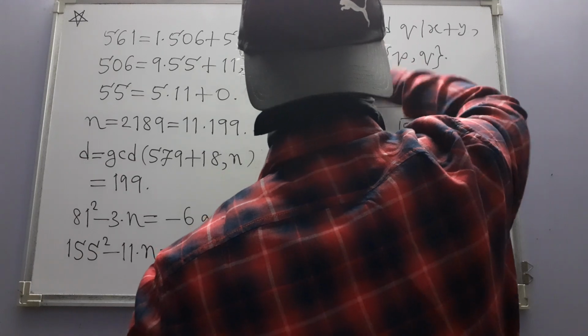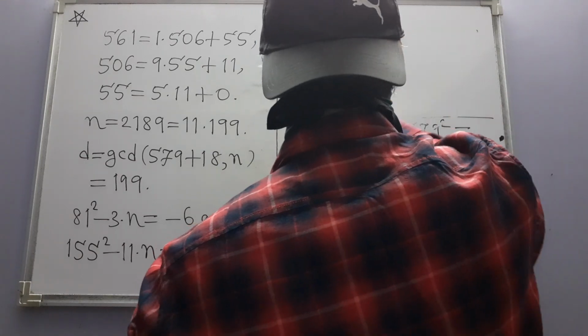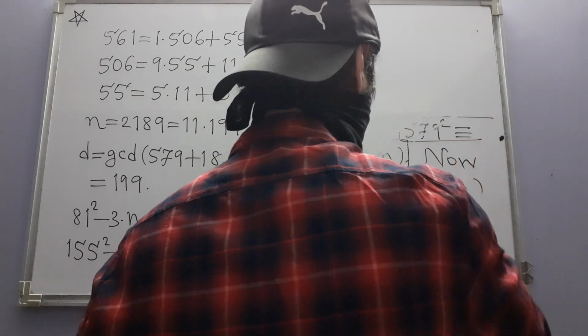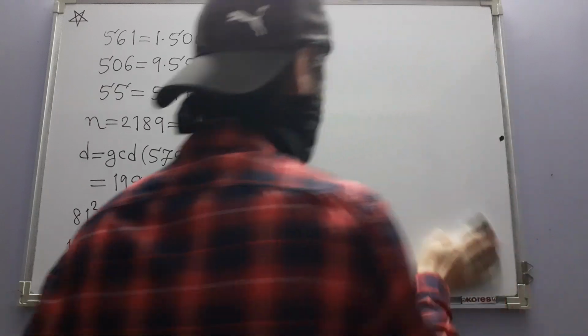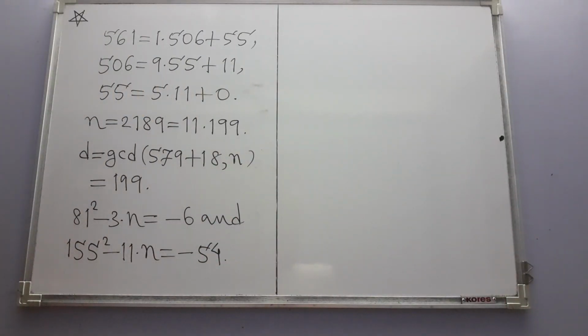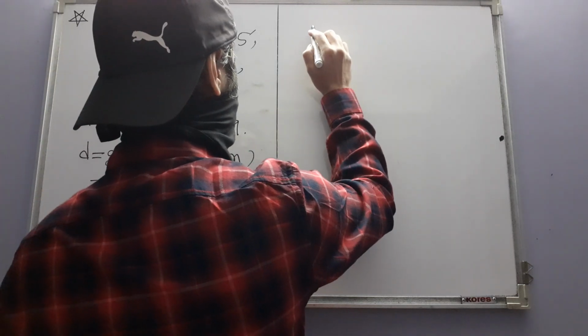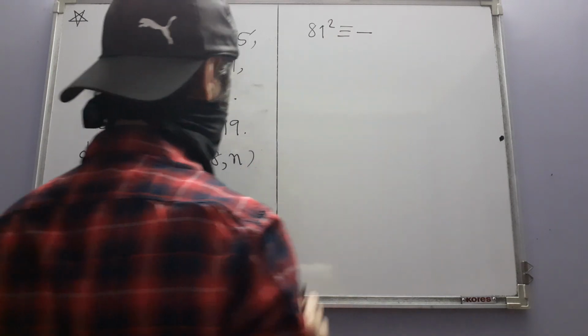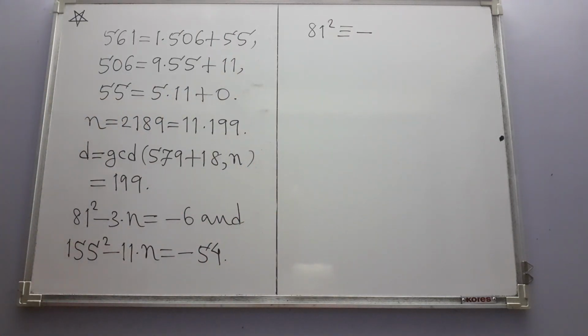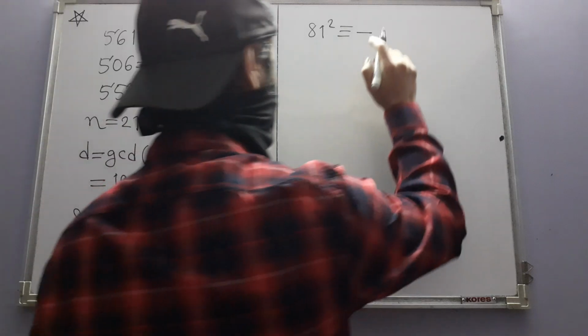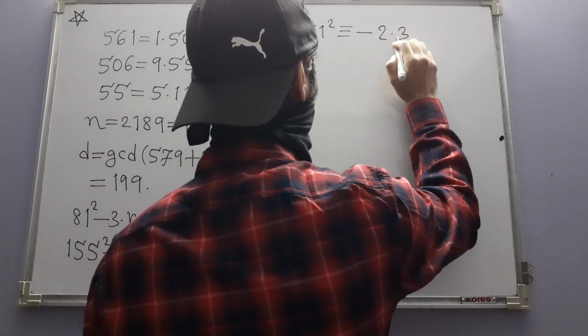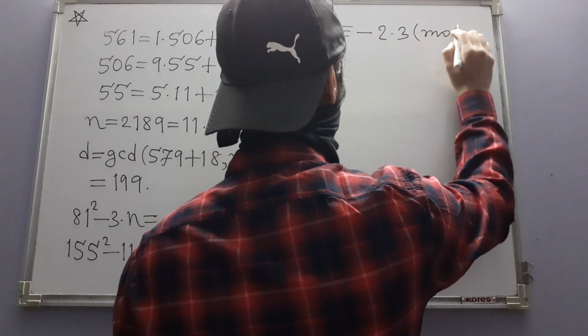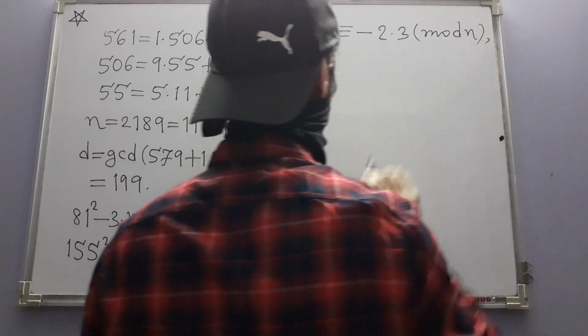then we will get this. The first one gives us the congruence 81 square congruent to minus 6, and we are going to write 6 as 2 times 3 mod n.